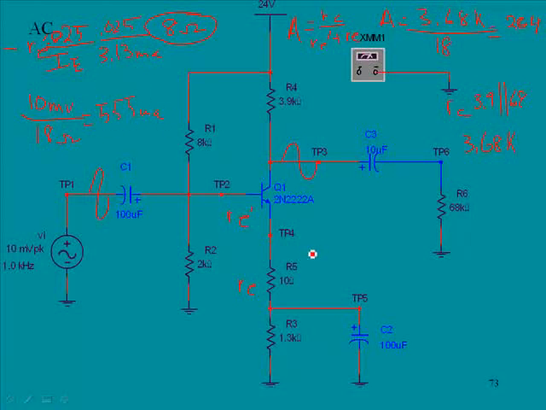Now that 555 microamps is the AC current. Remember, we had the DC current, but this is going to be an AC current that's actually going to ride on the DC current. So this current is going to cause variations in the collector.